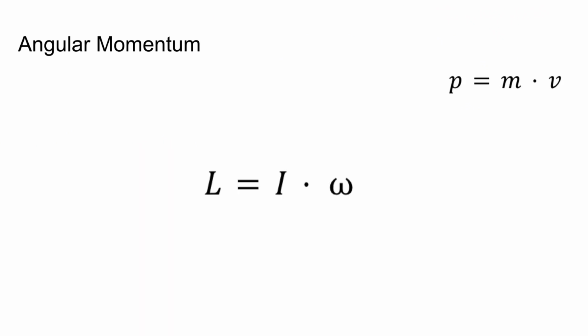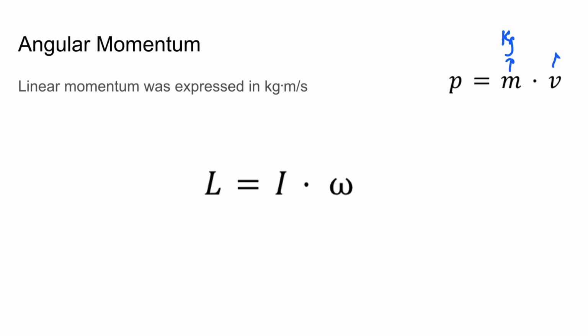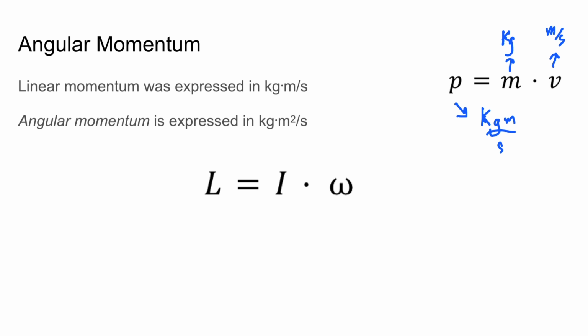If we think about the units here, linear momentum was expressed in kilograms meters per second, right? Because our mass is in kilograms and our velocity is in meters per second. Now if we think about angular momentum, our moment of inertia is expressed in kilograms meters squared rather than just kilograms.